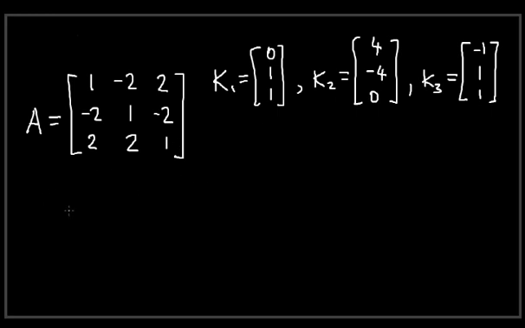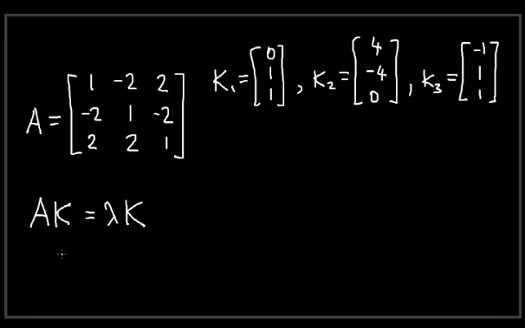A vector K is an eigenvector for a matrix A when A times K is equal to lambda times K for some scalar lambda.